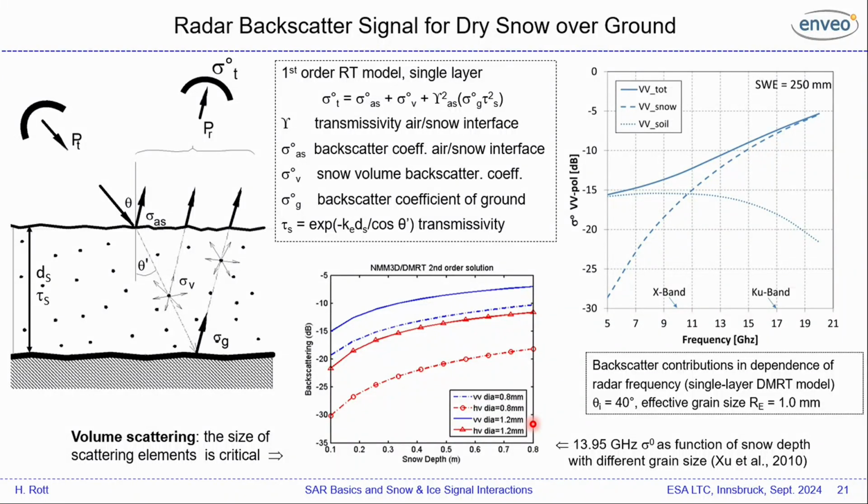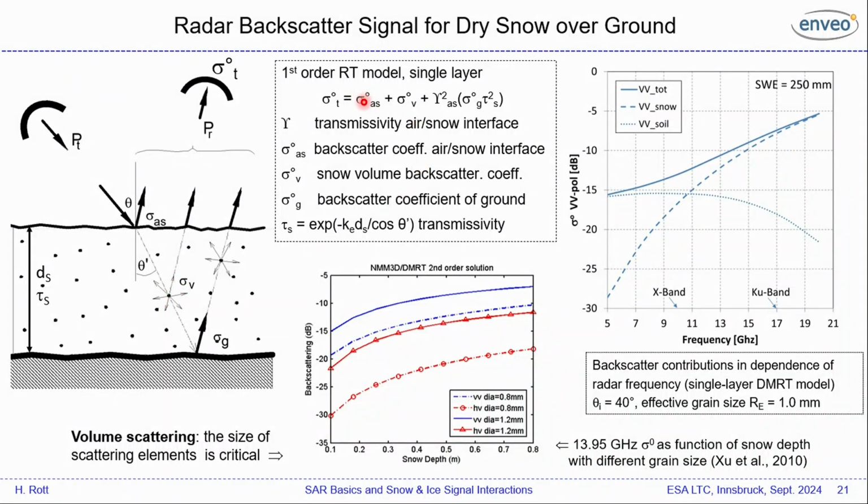Now, if we go on to the radar backscatter signal, in this case for dry snow over ground, this is a very simple first radiative transfer model. We have the signal at the snow-air surface, which is a very small contribution in case of dry snow, and then scattering in the volume, and scattering off the ground, attenuated by the volume.